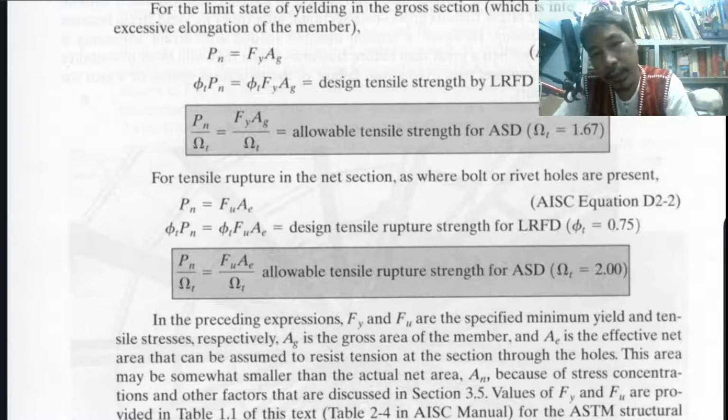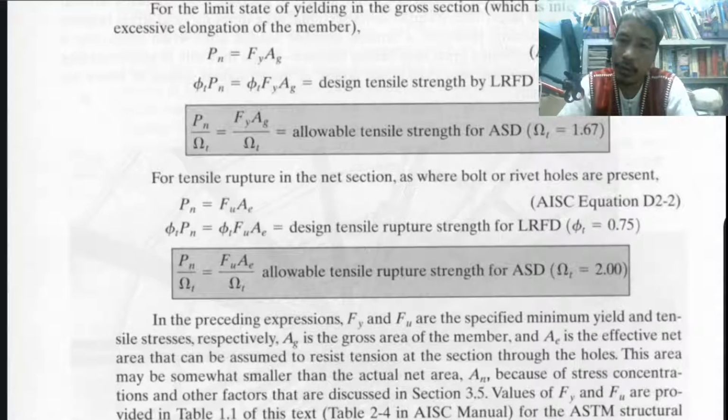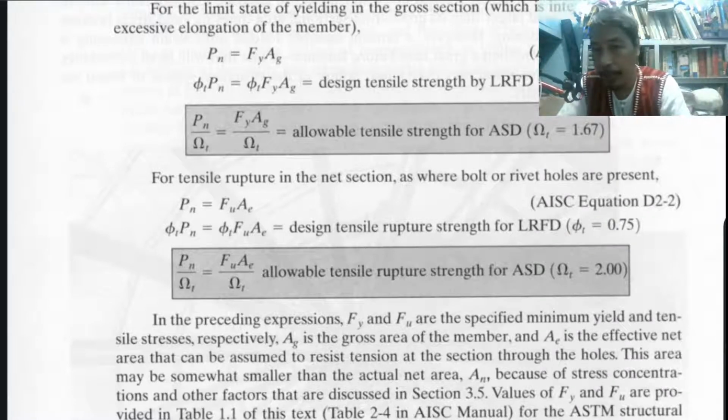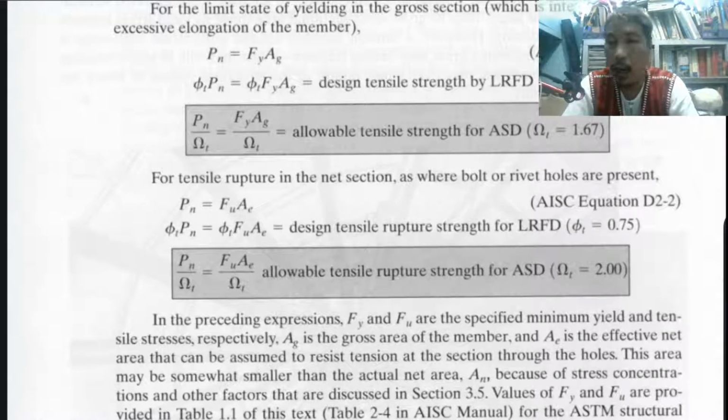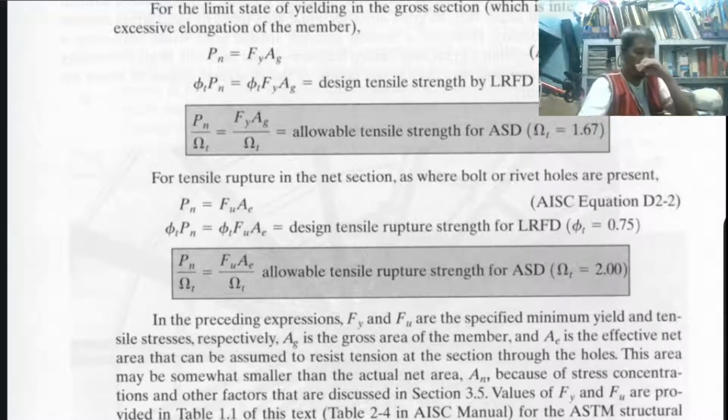So what is the difference of that? 0.15. So, 15%. Usually, that is how we estimate the value of ultimate if we have the yield stress, or the value of yield stress if we have the ultimate. The difference is about 0.15 or 15%.